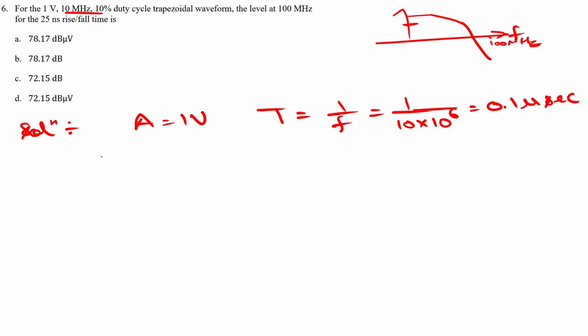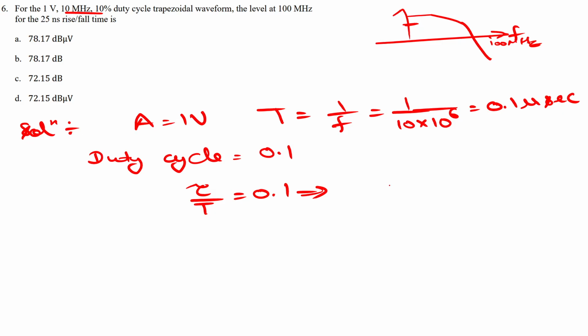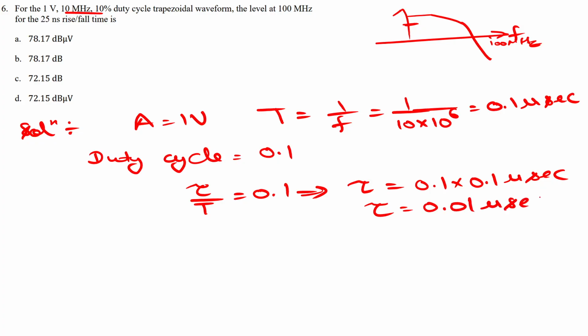And since duty cycle is given as 10%, that is 0.1, and duty cycle is the ratio of tau by T, from this we can find out tau. So tau will be 0.1 into 0.1 microseconds. So tau is 0.01 microsecond.